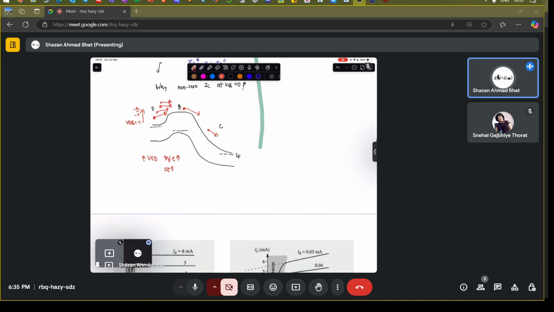Now what's that going to create? Because you are keeping the base as common, you're not changing anything of the base. Rather, you are only shifting this Fermi level and this Fermi level. You are moving it up and down because the base is grounded. So this particular region is static, almost. You are just modulating these regions.